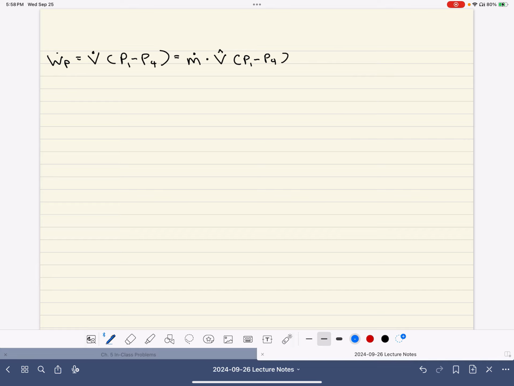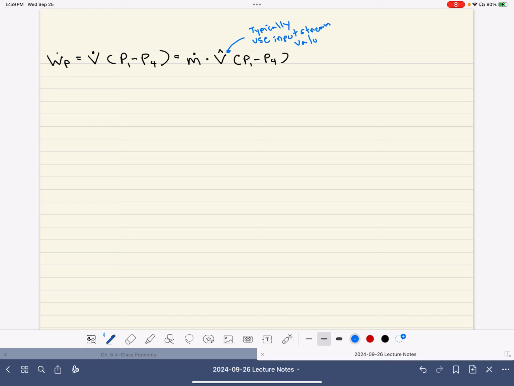But typically in these sorts of pump calculations, what's typically done is you use the specific volume of the input stream.